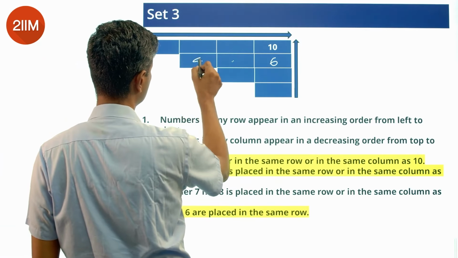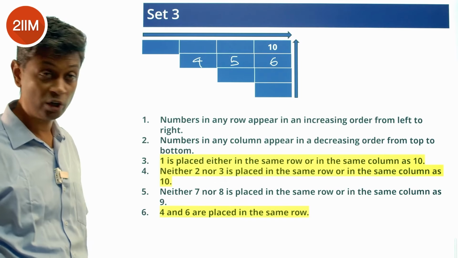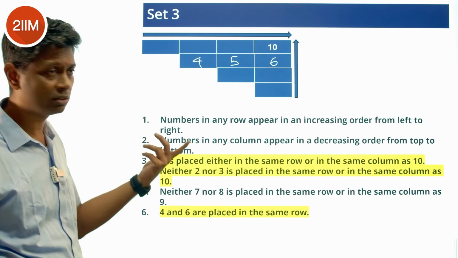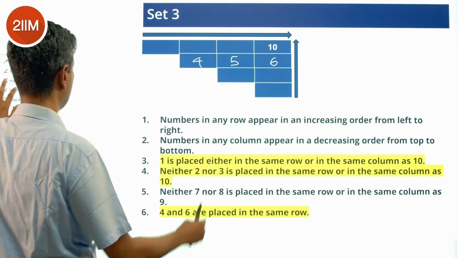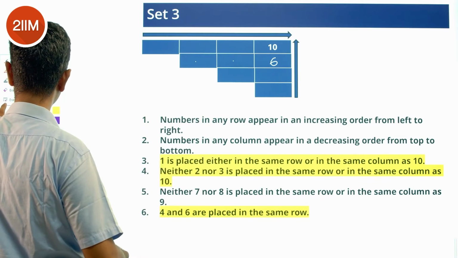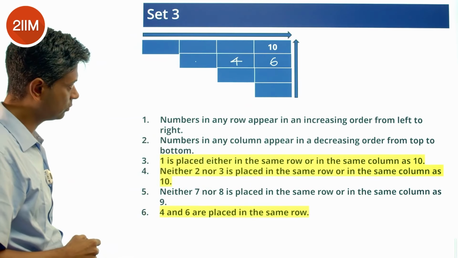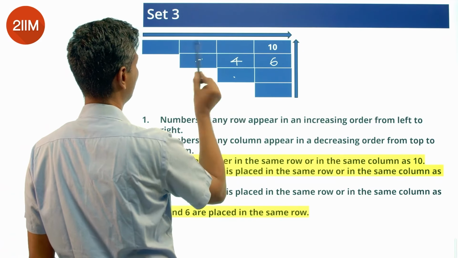If this were 4, this has to be 5. 4, 5, 6 is the only possibility. If this were 4, 5, 6, then there's no room for 2, 3. So this is not 4, 5, 6 like this. So I'm going to say erase 4, 5. This has to be 4. Right. Now we could have 3 and 2, 2 and 3, either way.